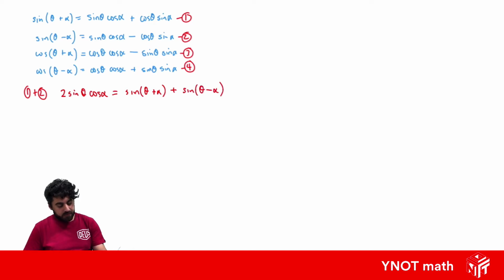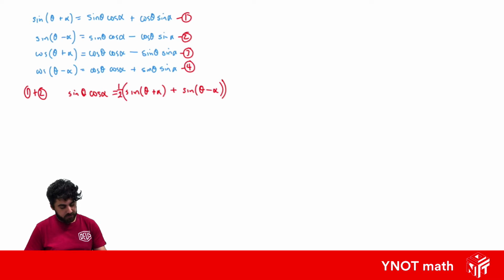And then if we multiply both sides by a half, the 2 will go to that side. So we'll just get rid of it there. And this is our first result. And here we've successfully got an expression that takes a product of a sine and a cos term and expresses it as a sum of sine terms.